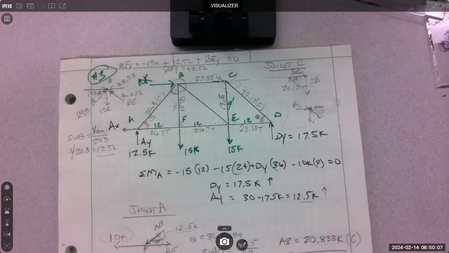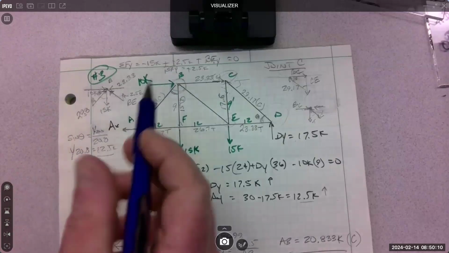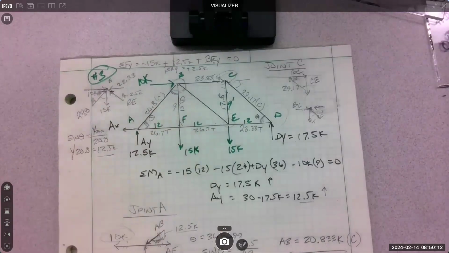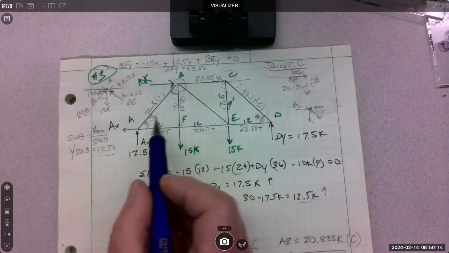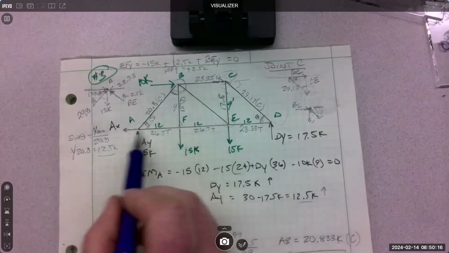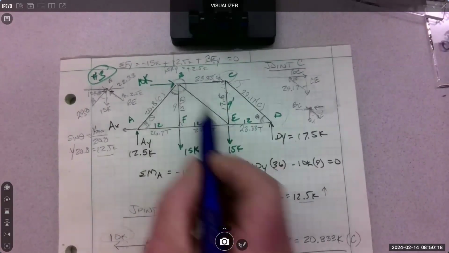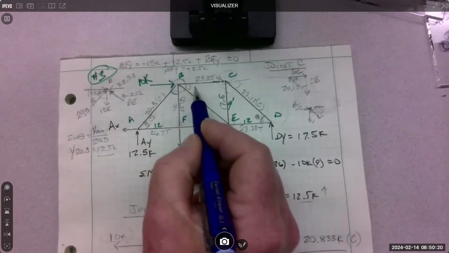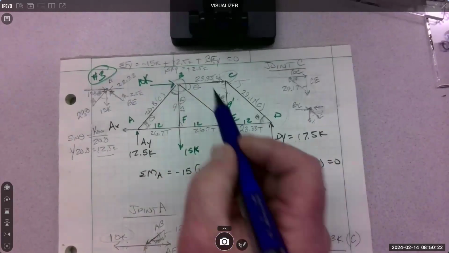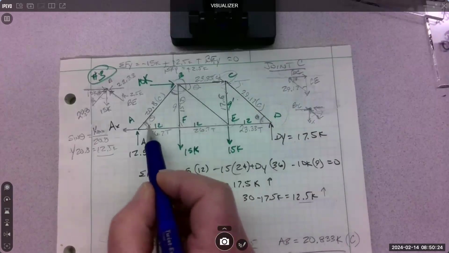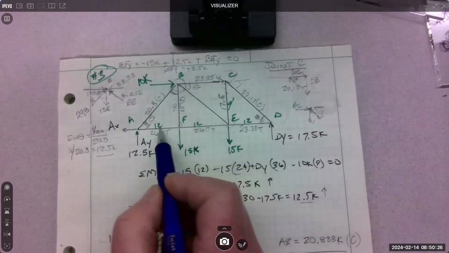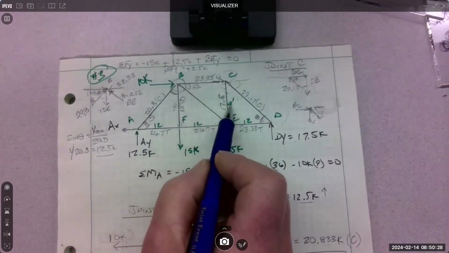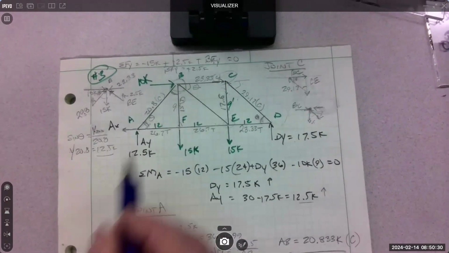All right, so now we have one step left, and that's to solve this thing out. So if this is theta, horizontal to this is the same angle, this is theta. 9 opposite, 12 adjacent. So this is theta.